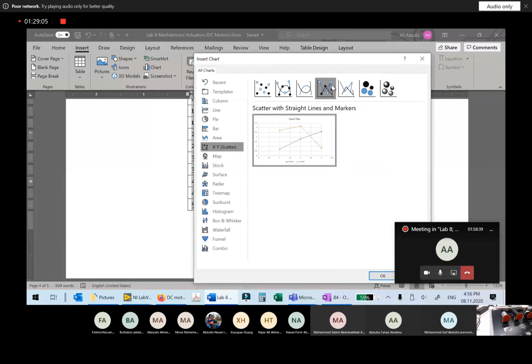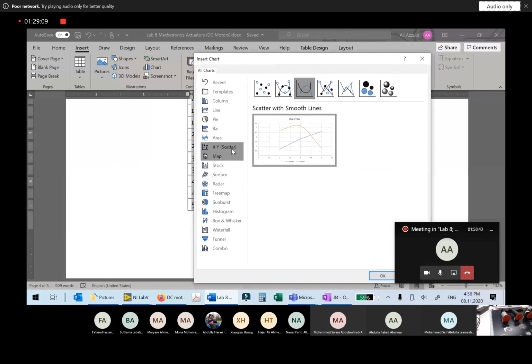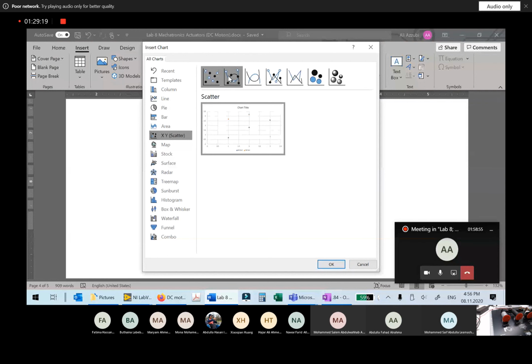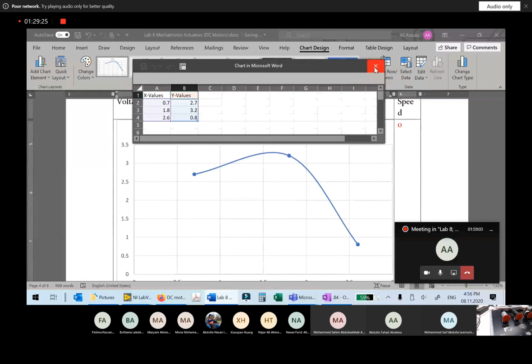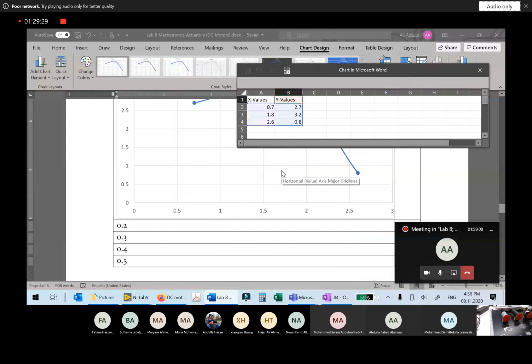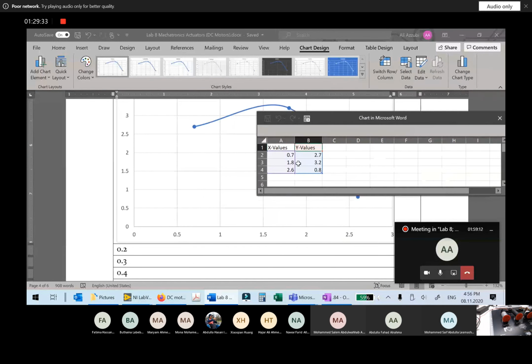Do you know how to plot it? I'm not really that good at it. What does it show here? Map, stock, line. What is this?